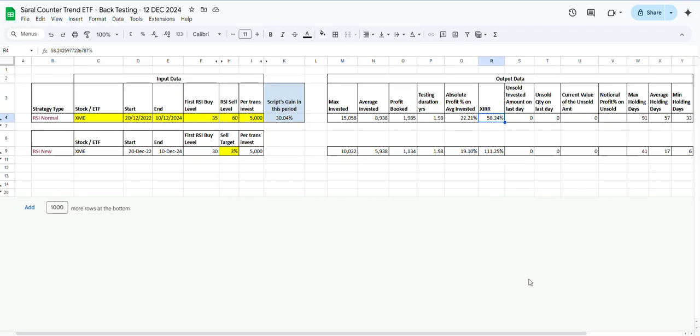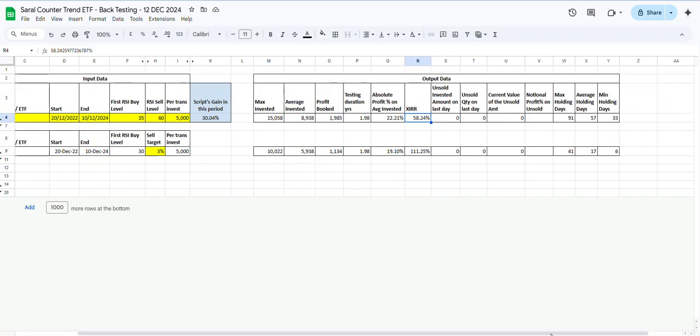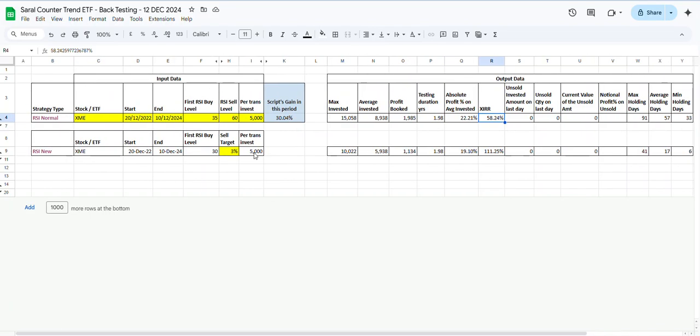XIRR is again annualized returns, and the average holding period came down to only 17 days from 57 days. So this is a winning system, and the maximum investment is 10,022. So you had to buy two times on average.